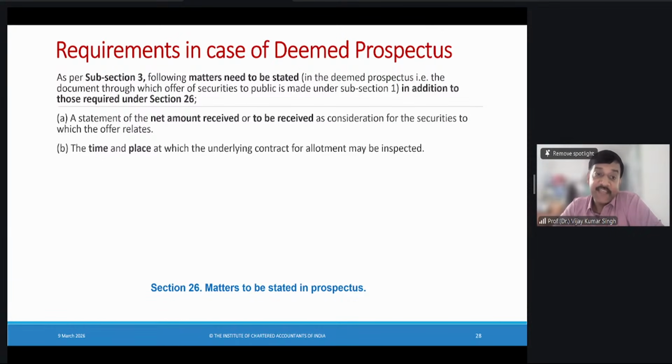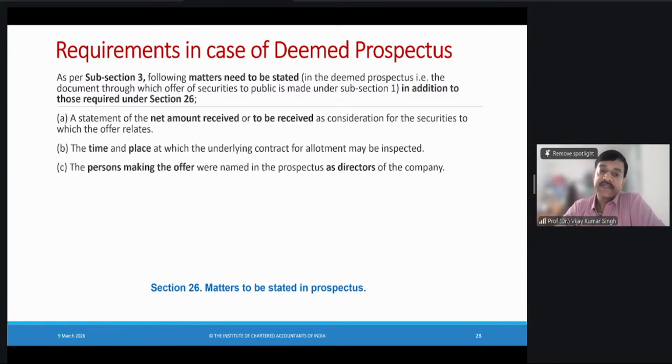Then, the time and place at which the underlying contract for allotment may be inspected. So the time and place where the contract of this additional issue will be available for inspection is what subclause B talks about. And then, the persons making the offer are named in the prospectus as directors of the company.